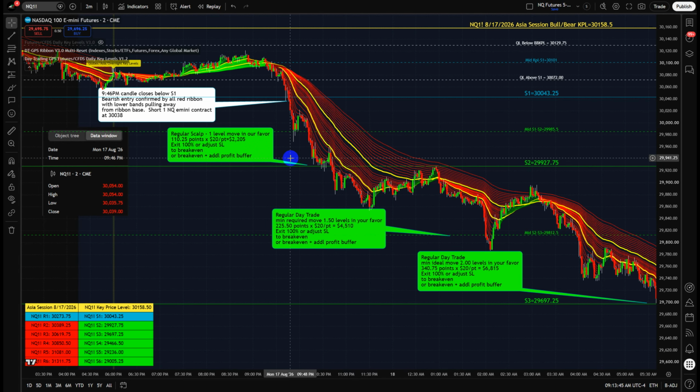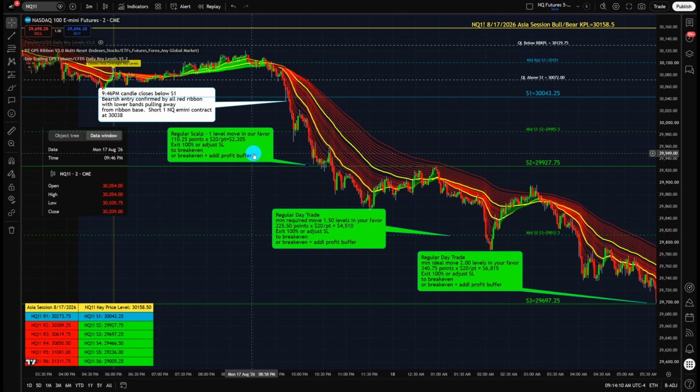And then on the remaining runner contracts, you're just adjusting your stop loss to break even, or break even plus additional profit buffer. So in the case of having 10 to start out with, 60% would be closing out 6, 70% closing out 7, 80% closing out 8, or 90% closing out 9.